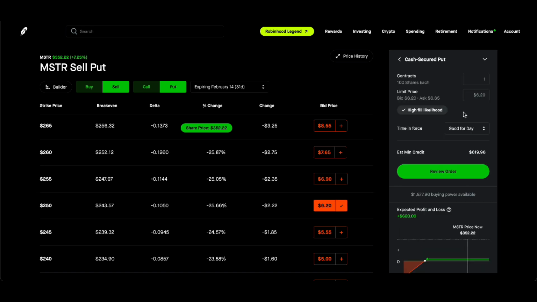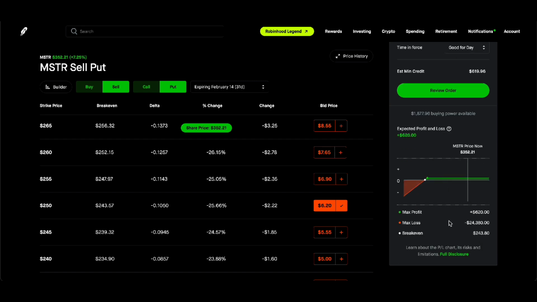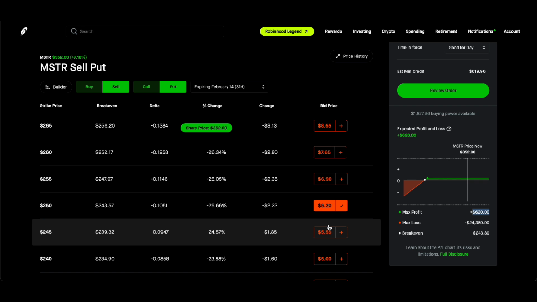So for a contract, meaning 100 shares, the math comes out to be for $24,380, or about $25,000, I will make $620. So that's about 4% return on investment.